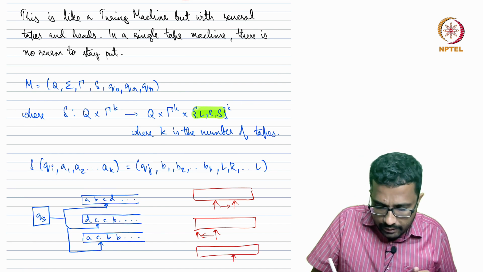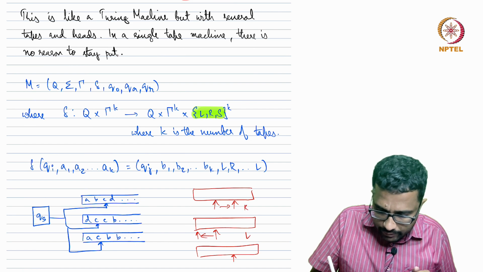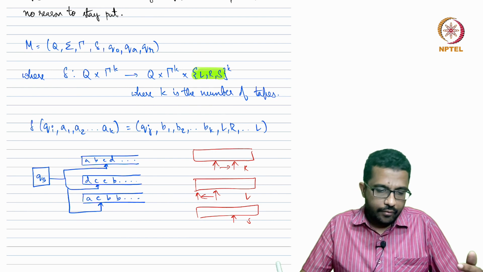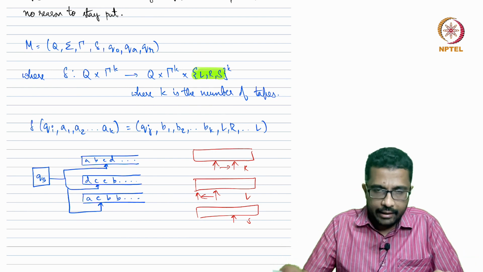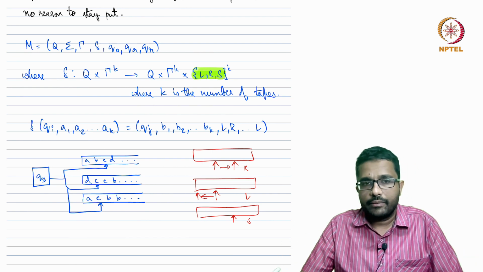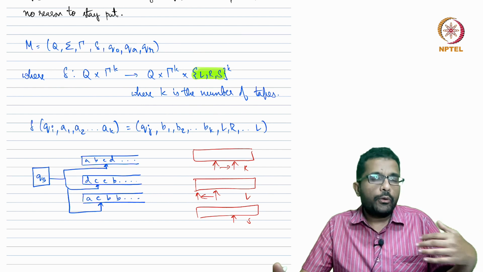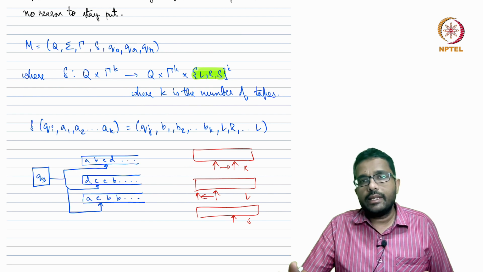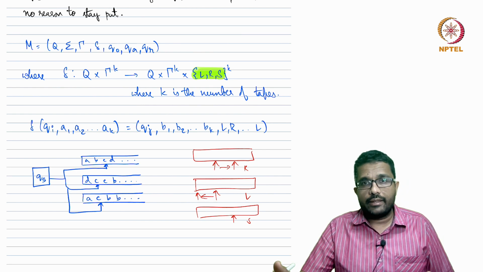So this is a right, this is a left, and this is a stay, and we want this option because we don't necessarily want each head to move in all the moves. We may want only a subset of the heads to move. So that is why a stay option becomes meaningful in the case of a multi-tape Turing machine, right?